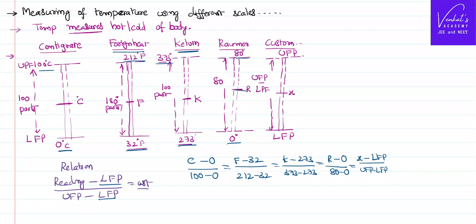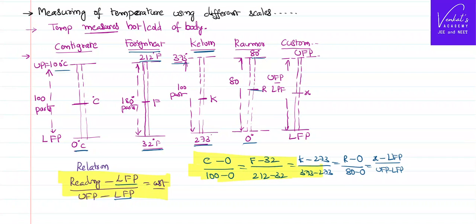Using this core concept that this is constant, and we have derived this formula, you can use this formula and derive any relation, any temperature at any of the scales. Once you know the temperature in one scale, you can automatically find the temperature in another scale, isn't it?